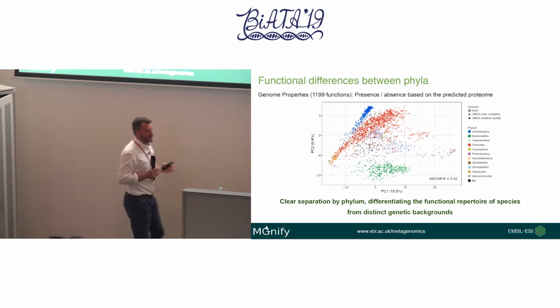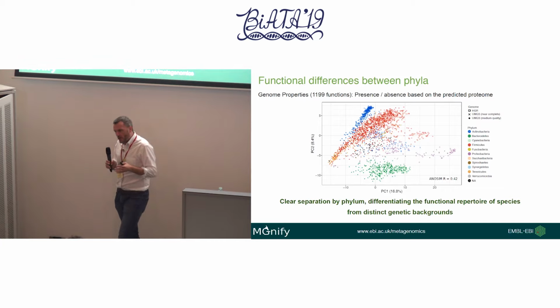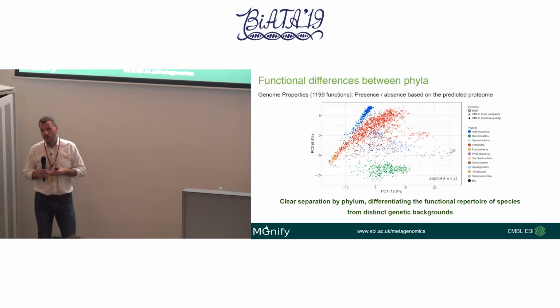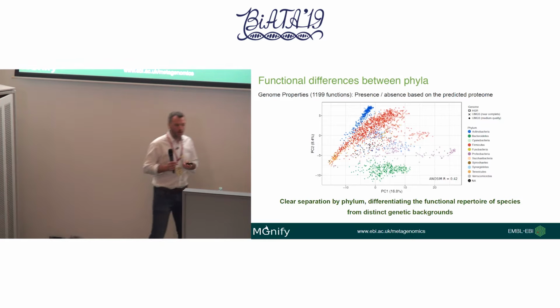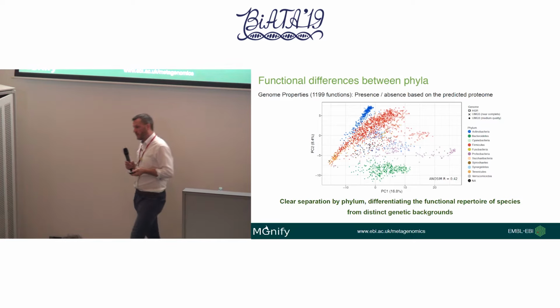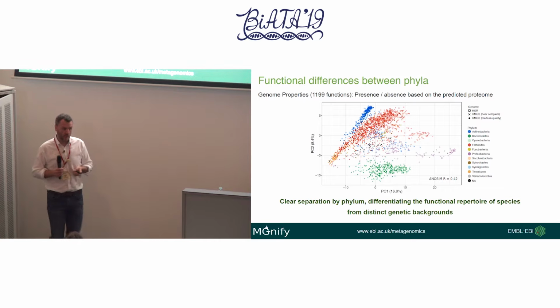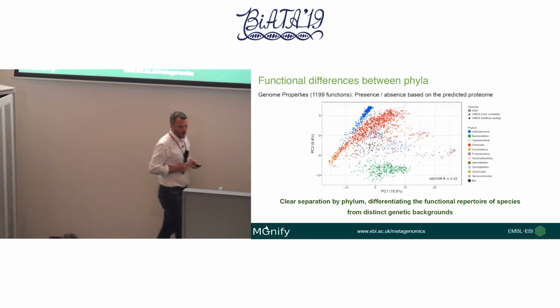So from this initial PCA plot, we were actually quite relieved that there's no obvious separation between the isolate genomes and these MAGs. So even with the lack of completeness, it's not separating out significantly. So that's not the biggest signal. The biggest signal is the function of the phylum, which is great. So it means you are recovering biology.